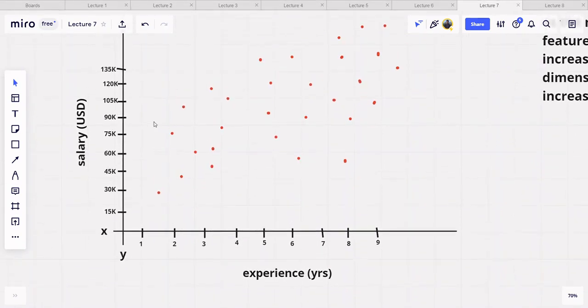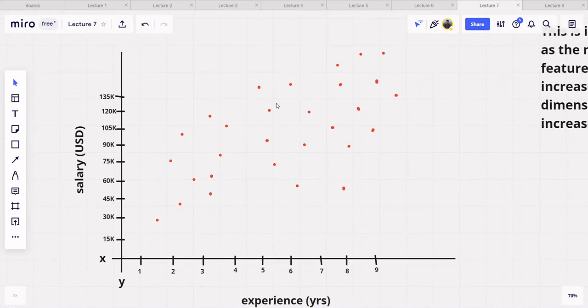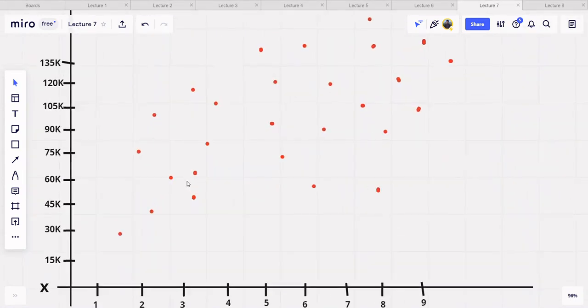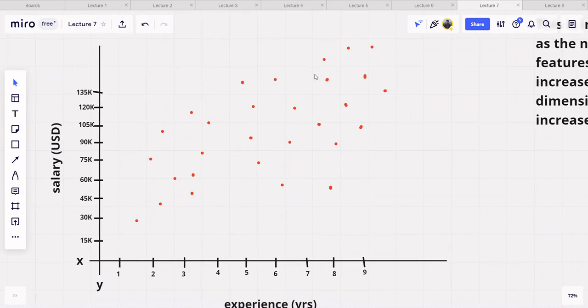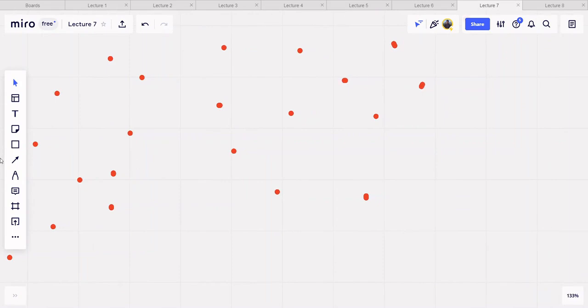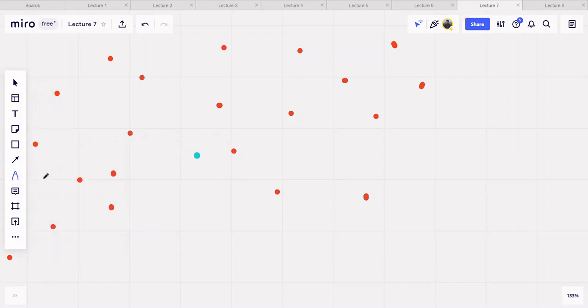Now let's say that we have a sample here which we want to predict. This blue dot is basically a sample we're trying to make a prediction for.